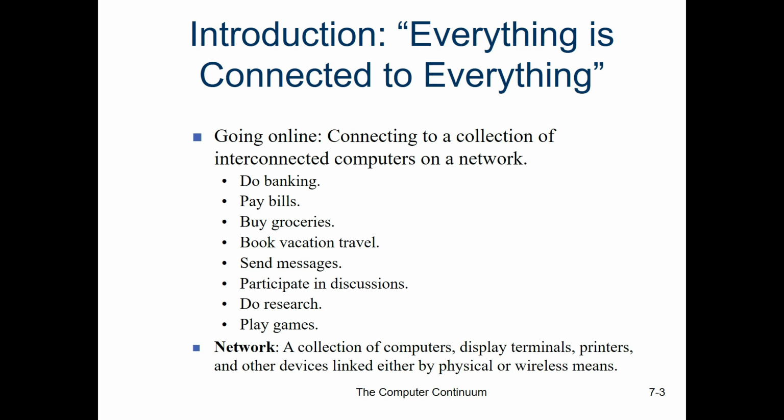In a broad view, the definition might be different, but in the study of computers, we define a network as a collection of computers, display terminals, printers, or other devices which have the capability to connect to other devices in the network, linked either by physical or wireless means. That's what we call a network.